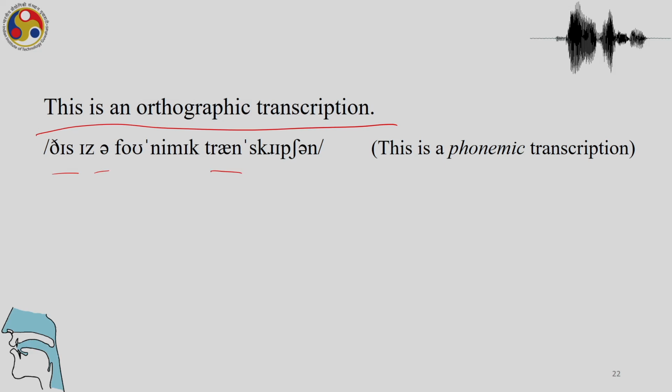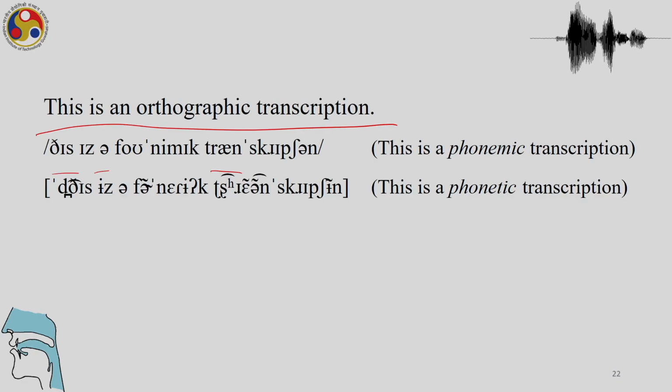And these are the symbols that we have already gone through in our previous lecture. And this is a phonetic transcription. We can see a lot more symbols in the phonetic transcription.